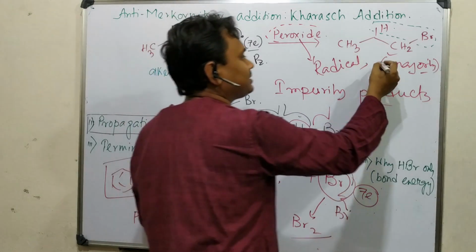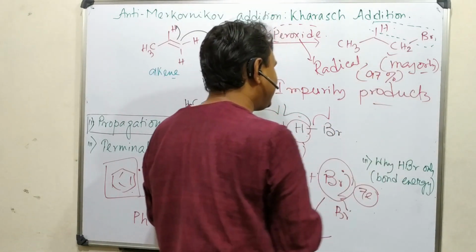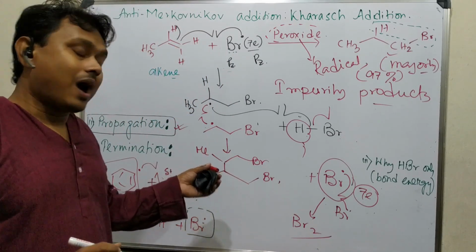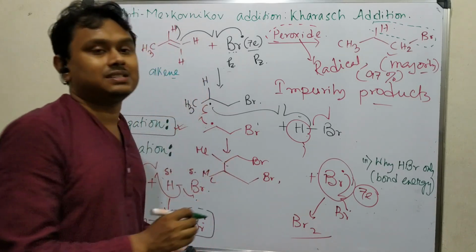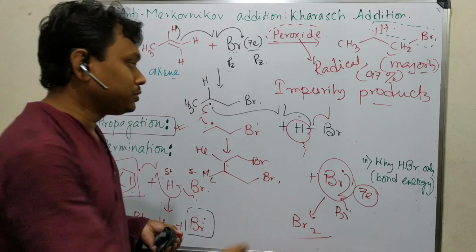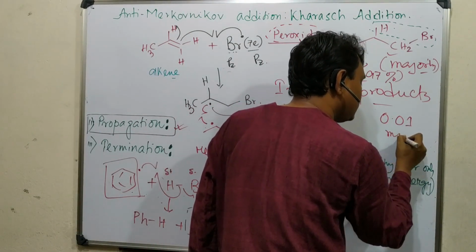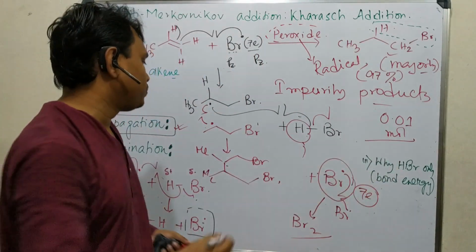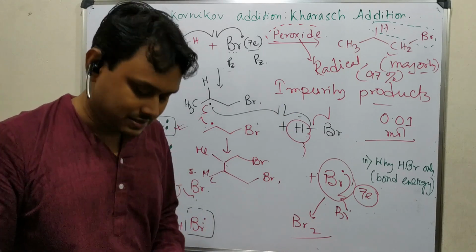For example, if it is 97%, we will say that complete conversion happened. But why is the 3% important? Because this helps us understand the basic insights, what the byproduct is, because we have used peroxide at 0.01 mole%. If we use this small an amount, production of such products is expected to be very low, and that will help us understand the mechanism.